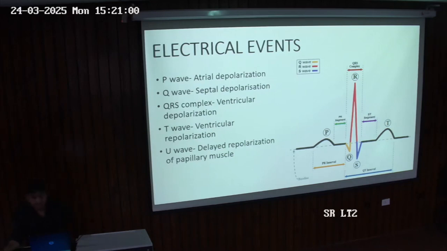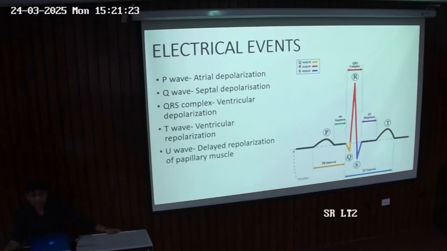P waves: why is there a P wave? P waves denote atrial depolarization, atrial contraction. Whenever there is atrial systole or atrial contraction, there is a P wave. There are two limbs of the P wave, right and left. The right limb denotes the right atrial contraction, the left limb denotes the left atrial contraction.